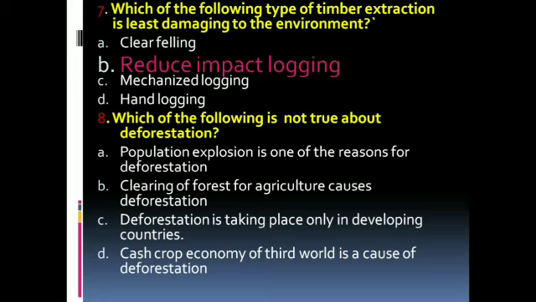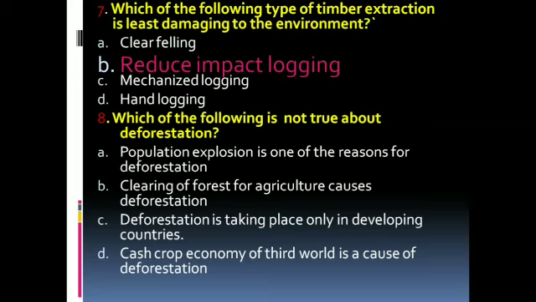So logging or cutting of the trees should be in such a way that it should not damage the environment. We have to select the trees which are old enough, which are dead ones, dried ones. These have to be cut for the timber purpose. So that's called reduce impact logging.